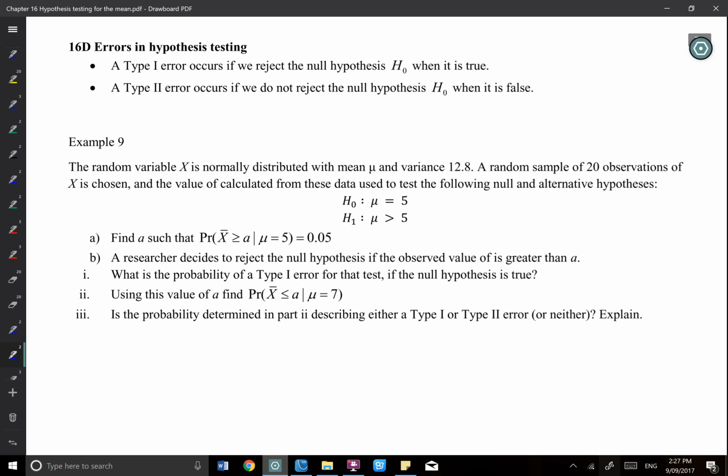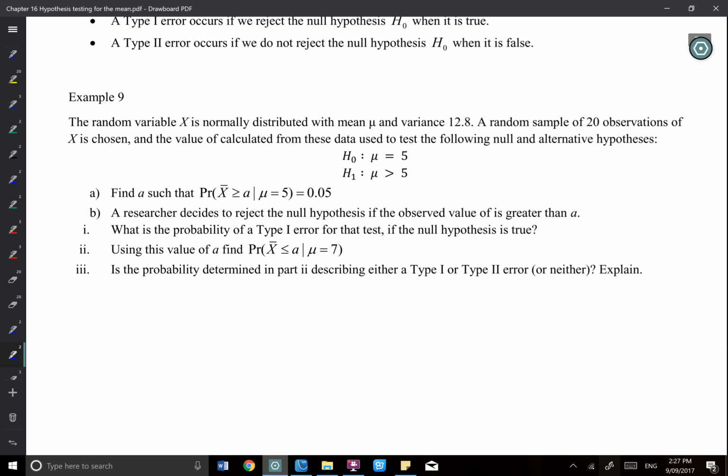Does that make sense? So type 1 is one I shouldn't reject, and then I reject it. Type 2 is one I should reject, but I haven't rejected it. It's very easy, it's a definition, that's what all the books have. But let's have a look at the calculations.